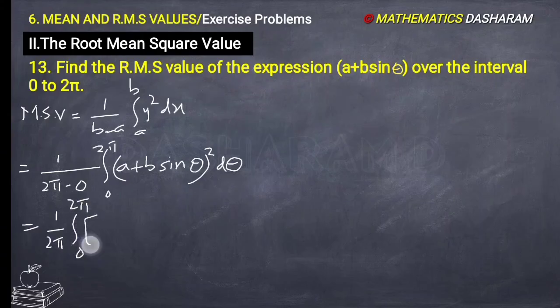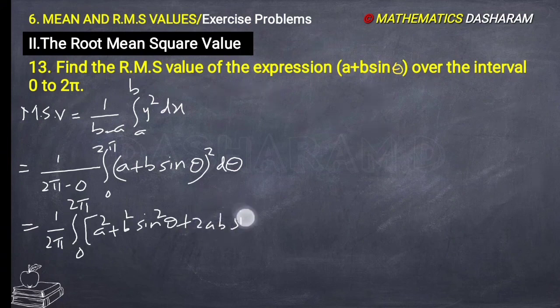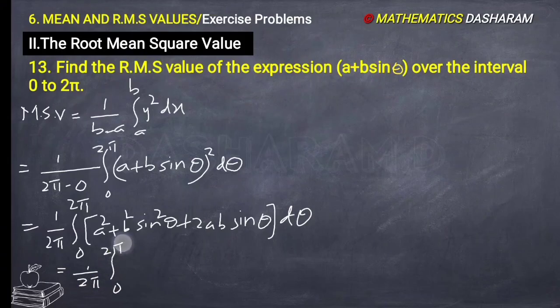Here apply the (a + b) whole square formula: a square plus b square sin square theta plus 2ab sin theta d theta. So 1 by 2 pi integration 0 to 2 pi of a square plus b square sin square theta.